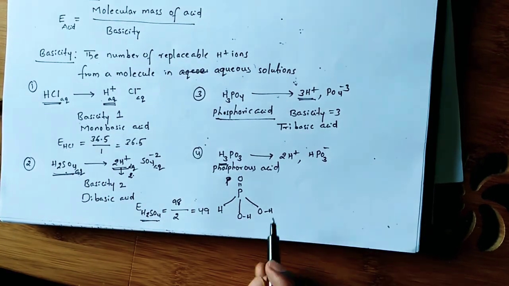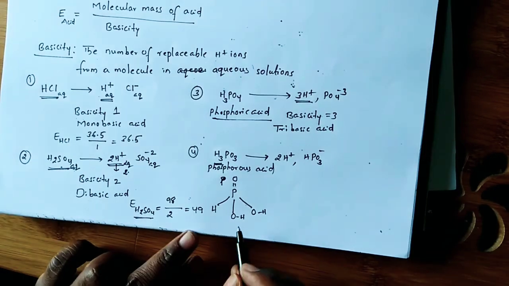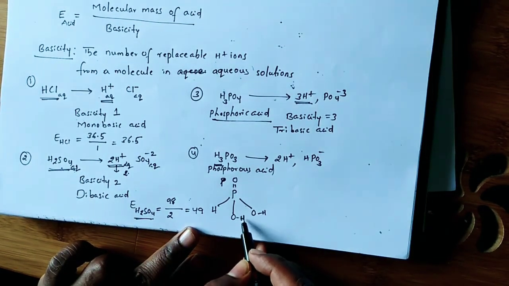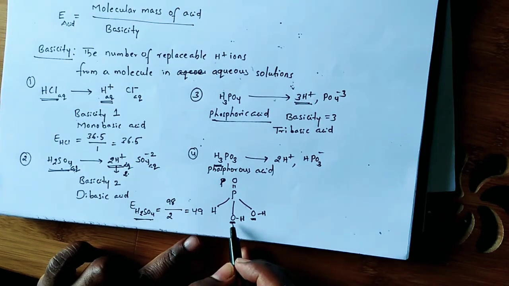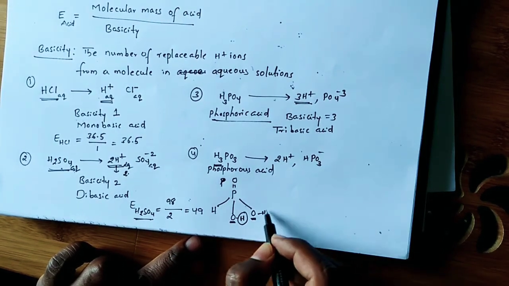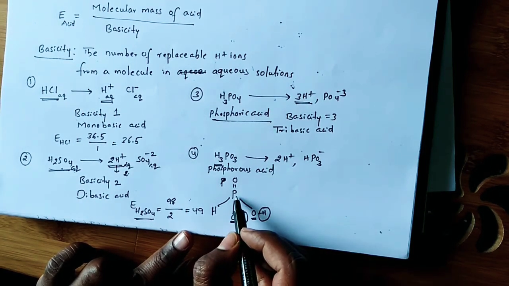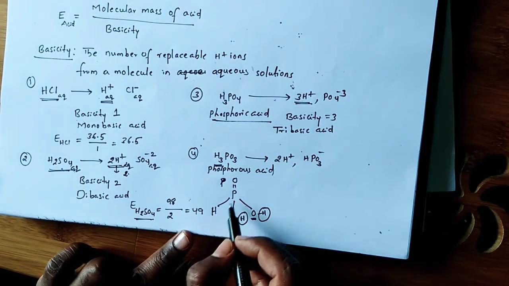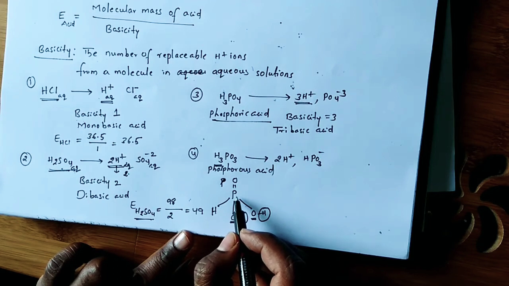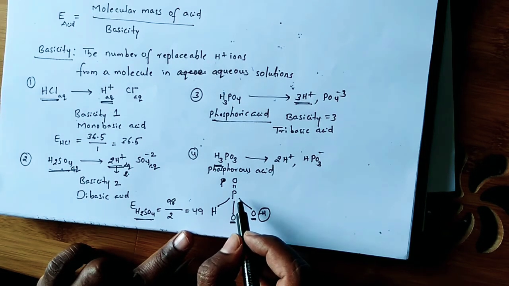See, only the hydrogens attached to the more electronegative element, that is oxygen, are replaceable. The hydrogen which is directly bonded to phosphorus, the central atom, is not replaceable.